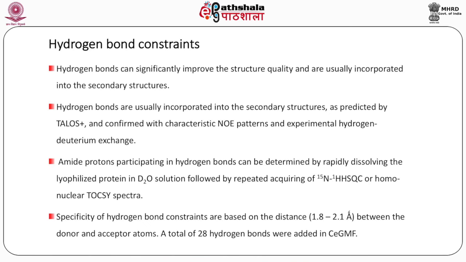Amide protons participating in hydrogen bonds can be determined by rapidly dissolving the lyophilized protein in D2O solution, followed by repeated acquiring of N15 proton HSQC or homonuclear TOCSY spectra. Specificity of hydrogen bond constraints are based on the distance 1.8 to 2.1 angstrom between the donor and acceptor atoms. A total of 28 hydrogen bonds were added in CYANA for structure calculations.